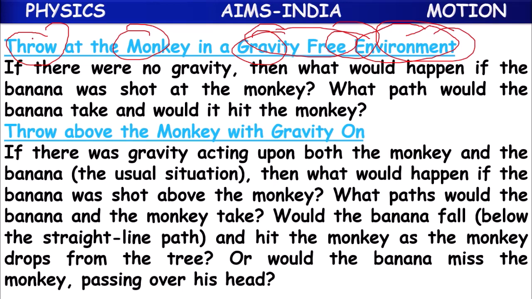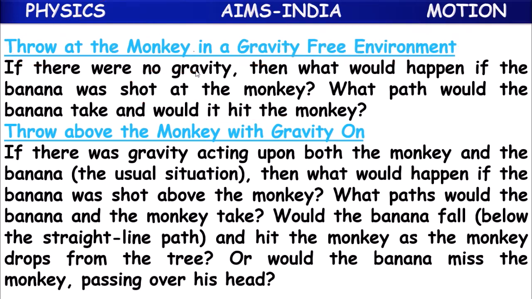So then how does he have to throw? If there were no gravitational force of the earth, what would happen if the banana was shot at the monkey? What path would the banana take? And would it hit the monkey? That is our first question.